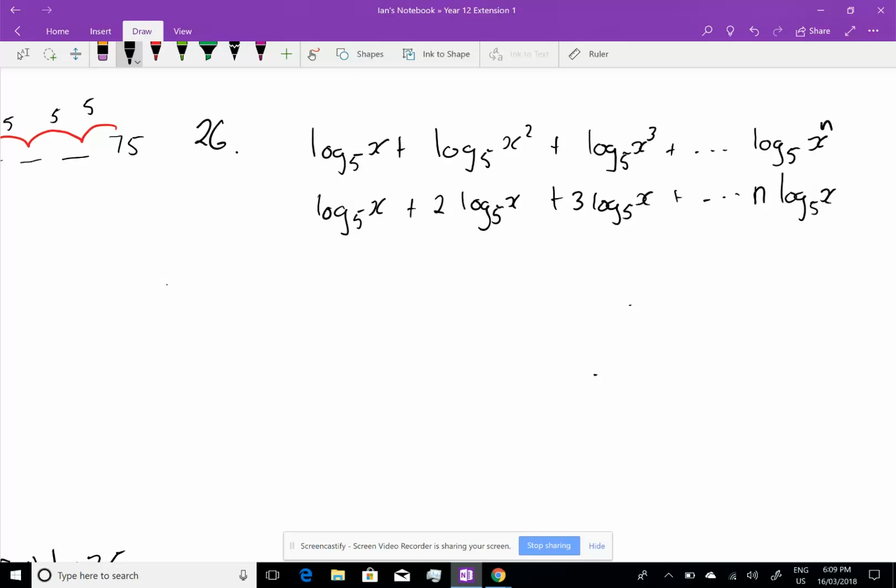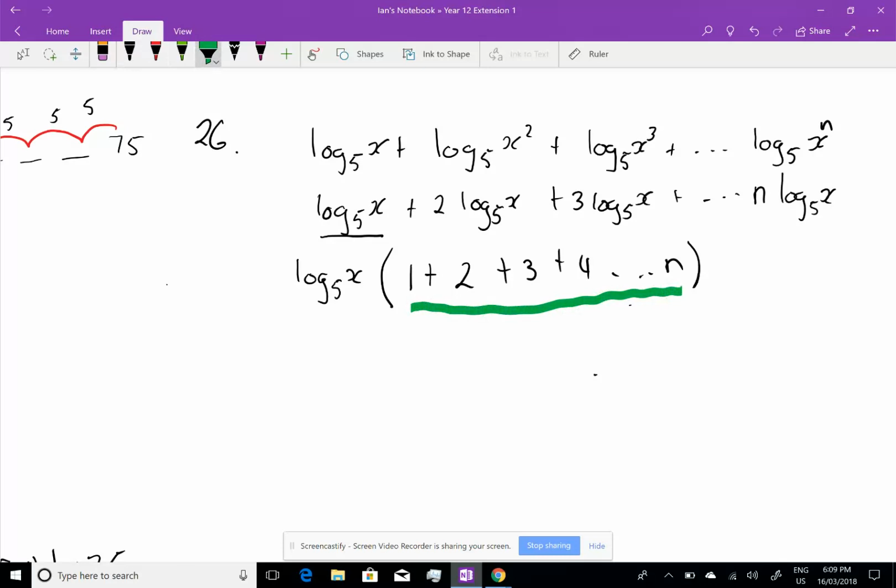Now I can factorise out the log 5x. Remember, log 5x is going to be a number of some type. And then I've got a 1, plus a 2, plus a 3, plus a 4, plus dot dot, plus an n. And this is a series.